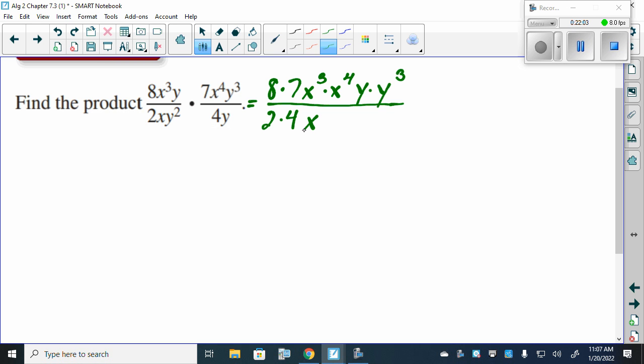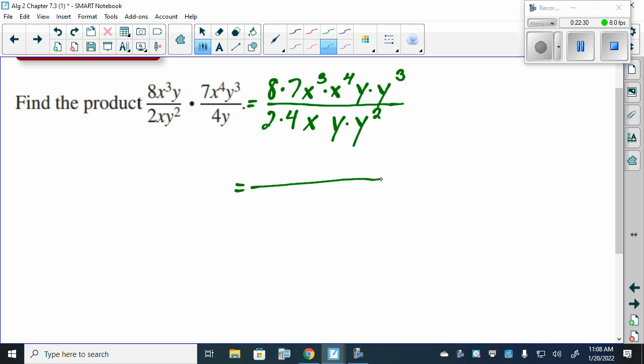And then we'd be multiplying our y and y squared together. Now, one way we can do this when it's just these monomial terms on top and bottom of both rational expressions, we can multiply everything together and then simplify at the end.